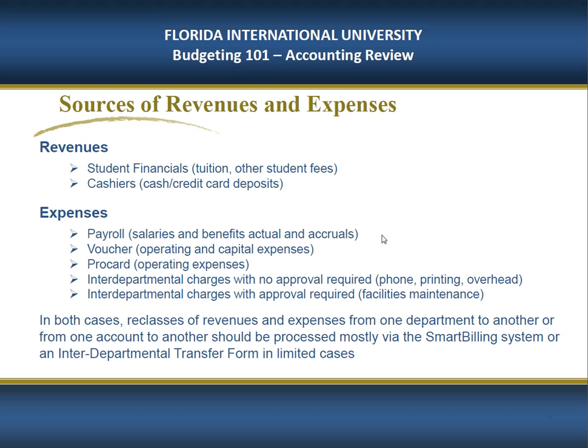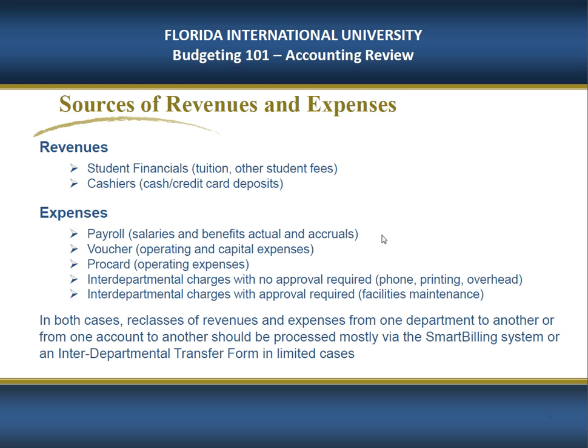Now, this slide gives you the sources of different revenues and expenses. When you look at a report, let's say you want to do a little bit of investigation of what some of these revenues and expenses are and where they're coming from. Things like tuition or other student fees are billed through our student financial system. The student financial system houses all the charges to our students.